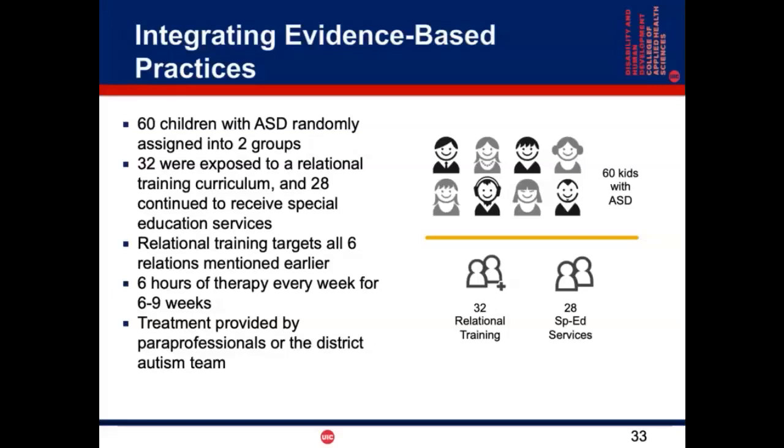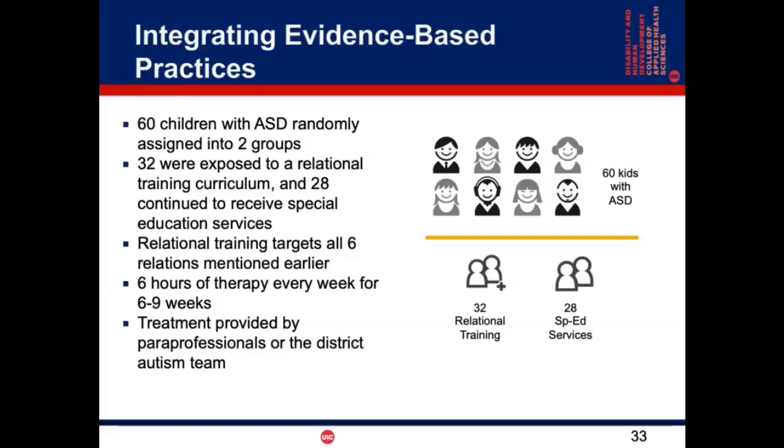What we then did was deliver interventions as these diagrams depicted, 6 hours a week on average for a period of 6 to 9 weeks. So this is a very short amount of treatment, but it was designed to see, can you get an effect quickly, and does that effect, if any, actually make any difference?